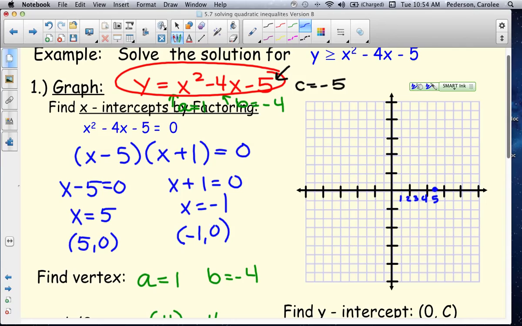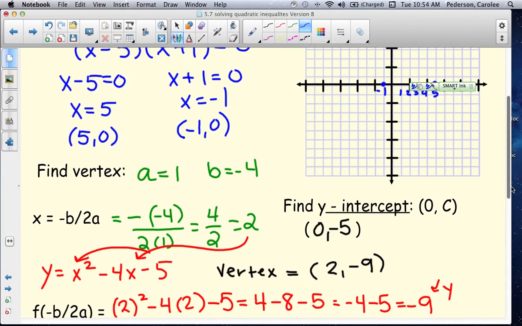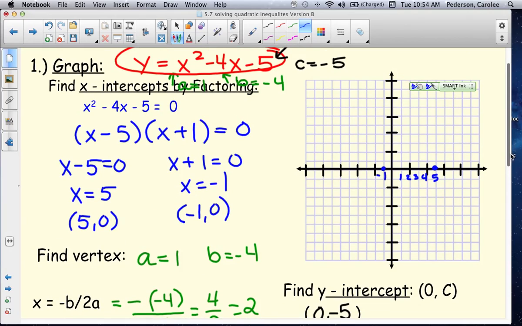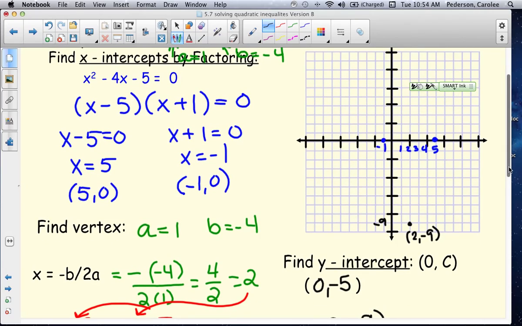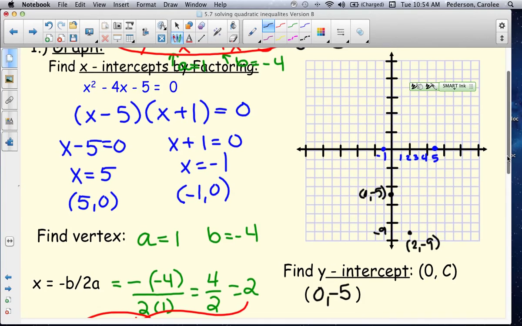And then my x-intercept is -1. Okay. The vertex point was at 2, -9. So over 2, down 9. That's also called the minimum point since the parabola opens up. And then my y-intercept is at 0, -5. So now I can graph this parabola.